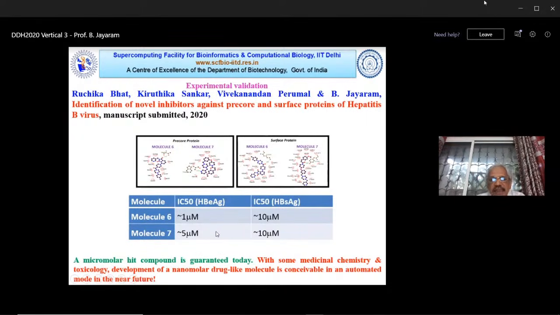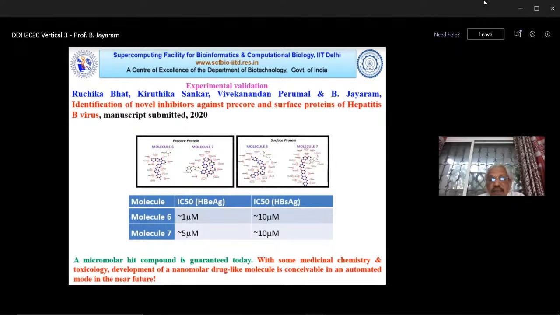Now, this clearly should convince you that with some more medicinal chemistry and with toxicology under control, coming up with a nanomolar molecule is conceivable in an automated mode in the near future. So a couple of things. Medicinal chemistry is required to make it nanomolar. Toxicology is required to ensure that it is not harmful to the organism that's infected, in this case humans.